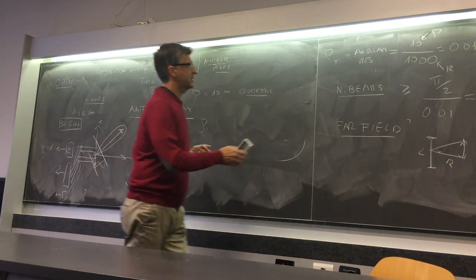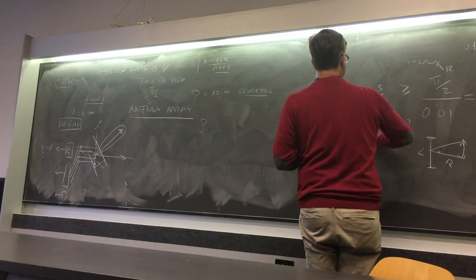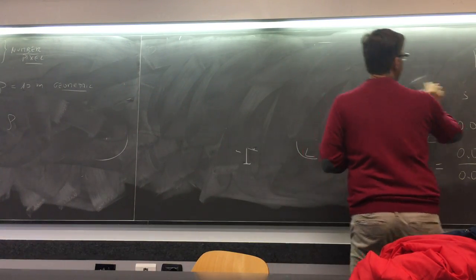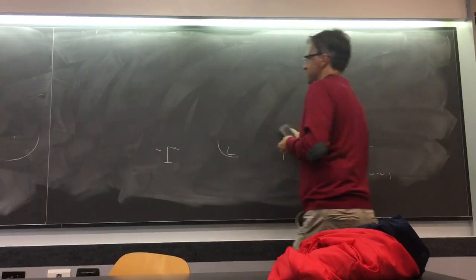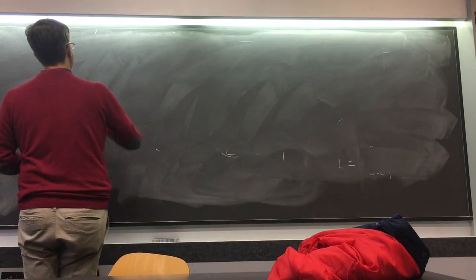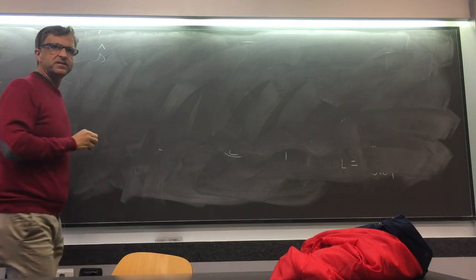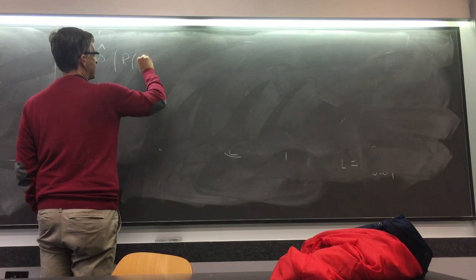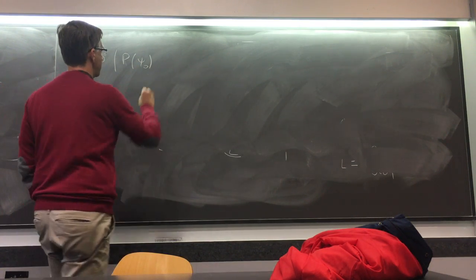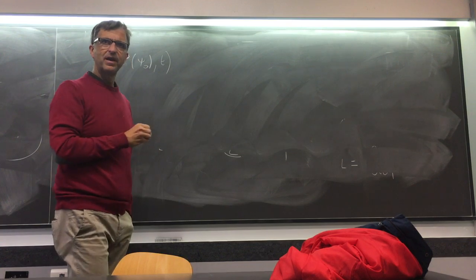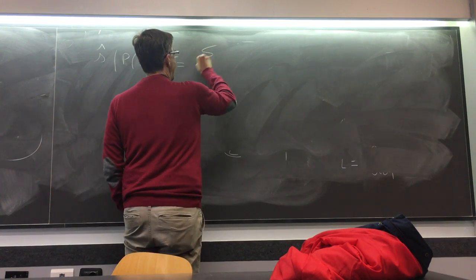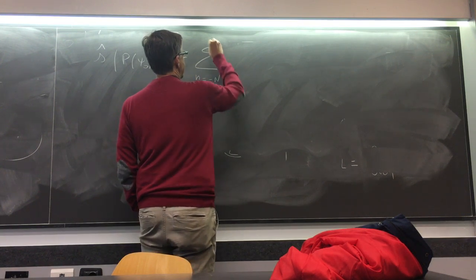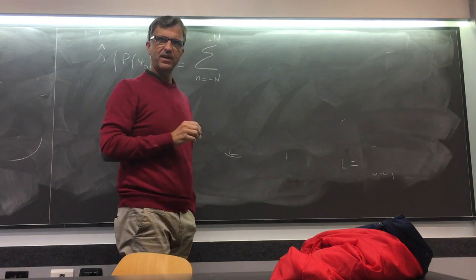You remember that in order to estimate, if you go to my lesson of last week, the field that comes from a particular point located at angle psi0 and for all the time, you do an operation that is a linear superposition of all the antennas. So you remember that n goes from minus n to plus n.